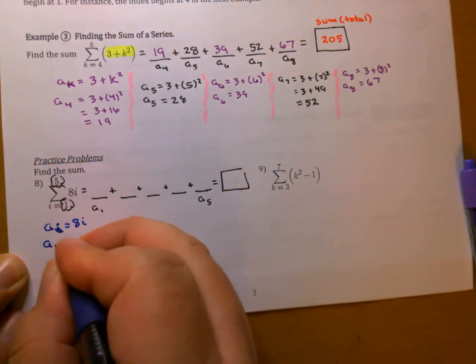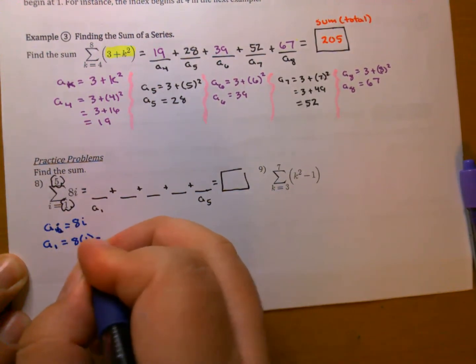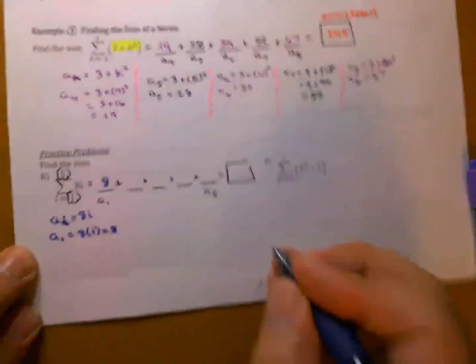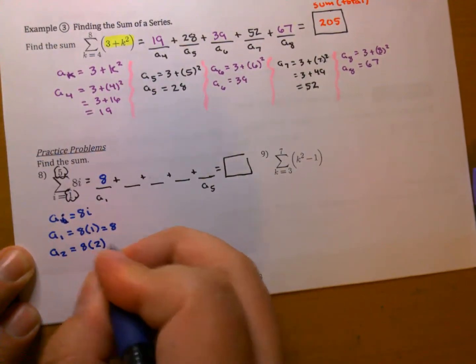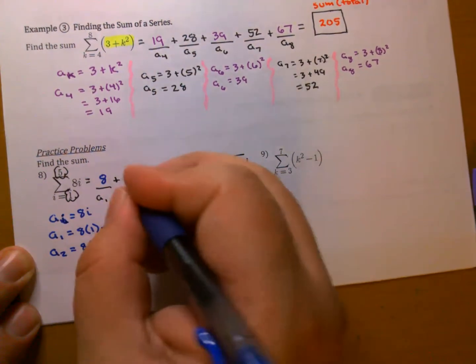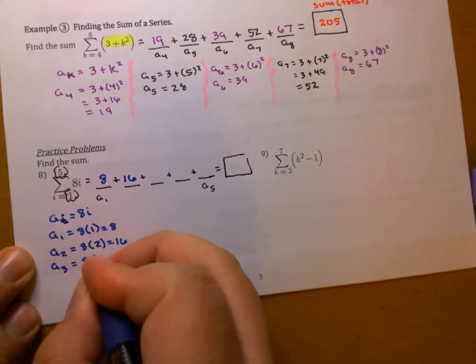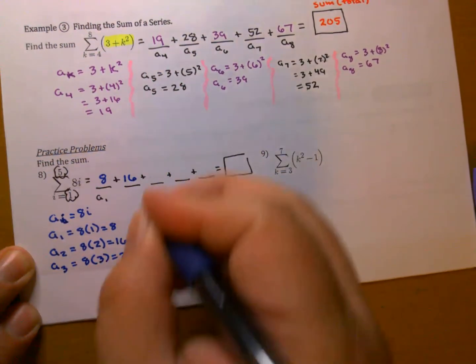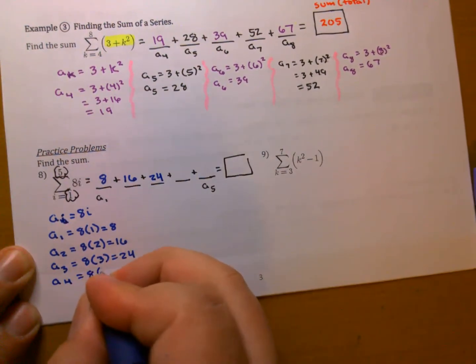So a sub 1 is 8 times 1. All right, we're just plugging in for the letter. All right, so here you go, 8. A sub 2. Well, that's just 8 times 2. So 16. A sub 3. Well, that's just 8 times 3. So 24. A sub 4 is just 8 times 4.